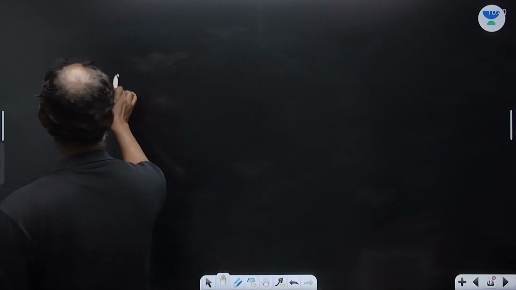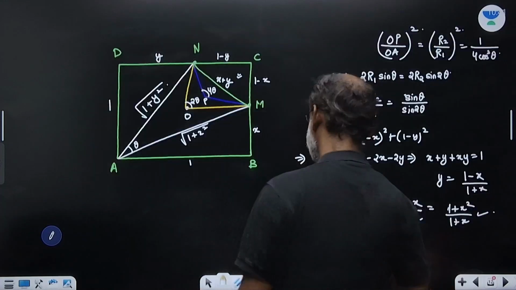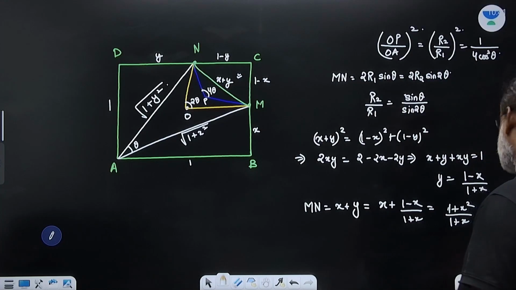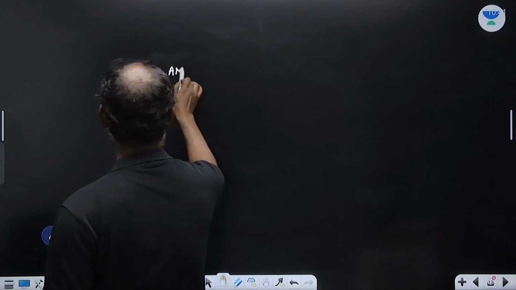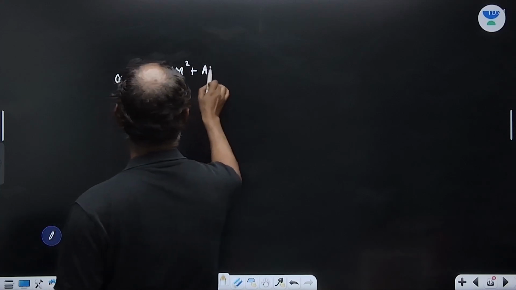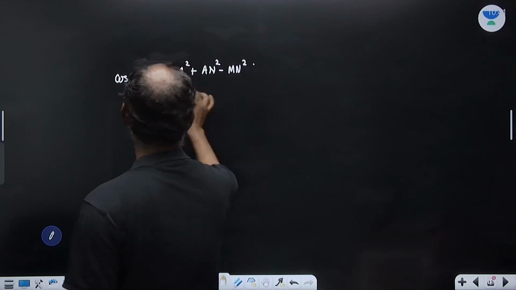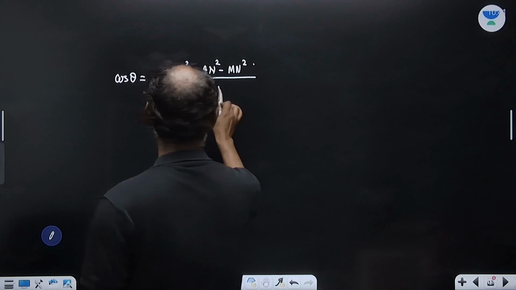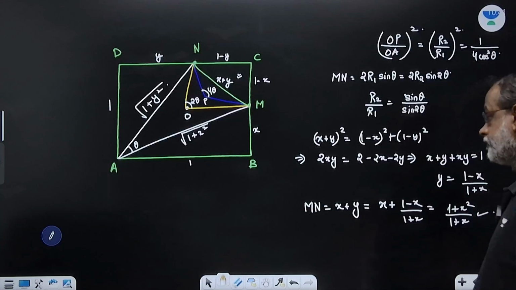Cos theta is AM square plus AN square minus MN square upon 2 AM AN.